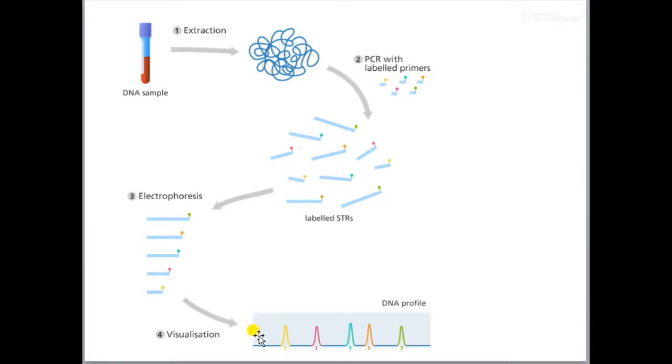After the PCR reaction, electrophoresis is carried out and the DNA fragments get separated. Now you might think this is done in an agarose gel as in your lab, but it's not like that.